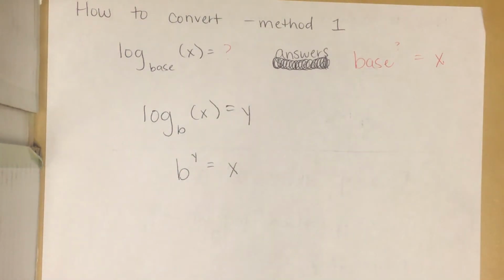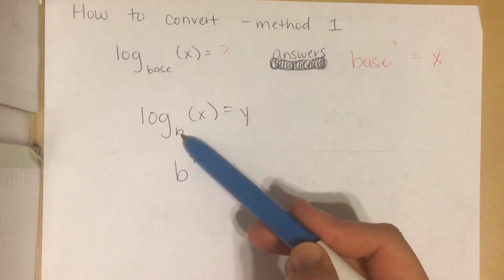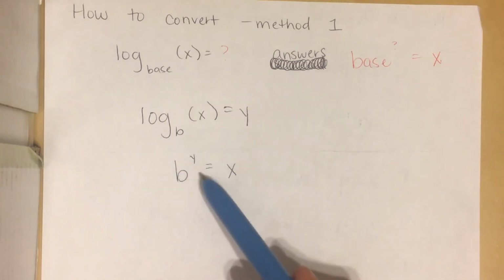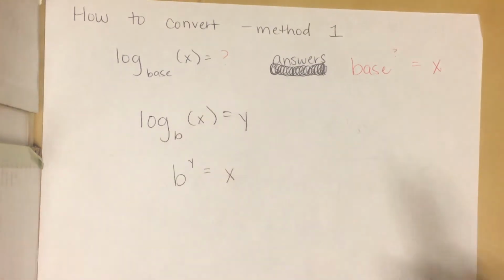Or think through the fact that logs and exponents are inverses, and inverses switch their x and y values. So if it's written in log format, the x is with the base. If it's written in exponent format, you have to switch it, and the y is written with the base, or whatever these values happen to be when you do your real problem.